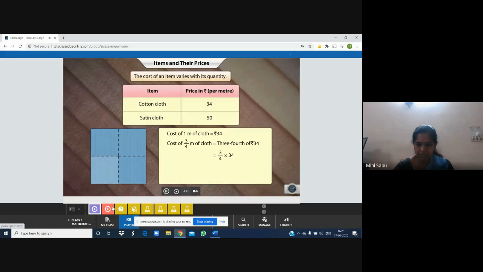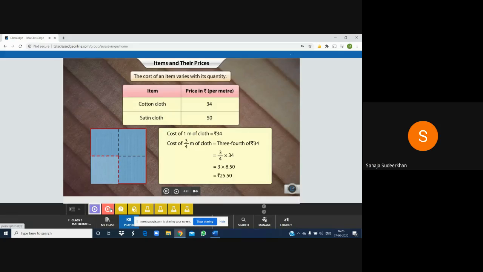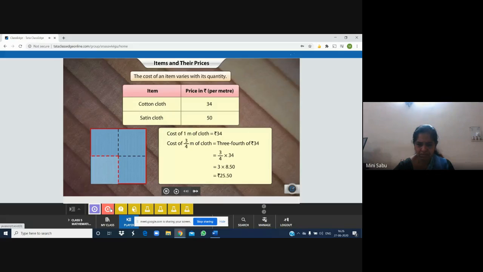So, 3 parts out of 4 costs 8 rupees 50 paise plus 8 rupees 50 paise plus 8 rupees 50 paise, which is 3 into 8 rupees 50 paise. That is 25 rupees 50 paise. That was simple, isn't it? Next time you go shopping, you will be able to calculate the prices of items easily.